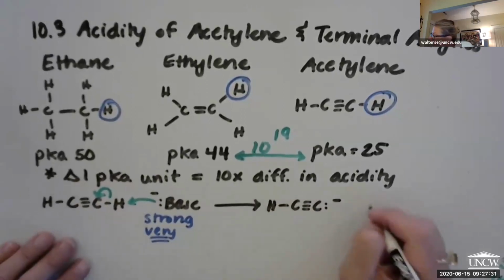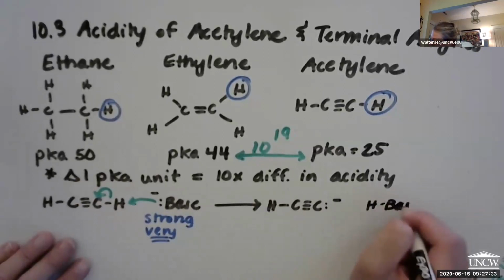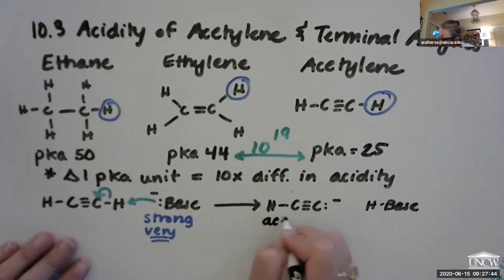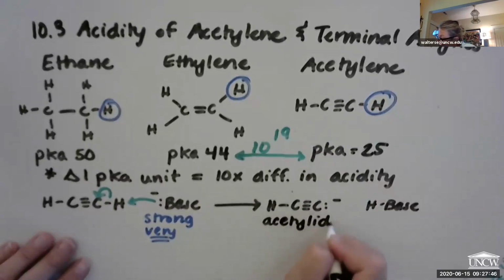And you'd form the protonated base. This species, as a result of deprotonation of acetylene, is called the acetylide anion.